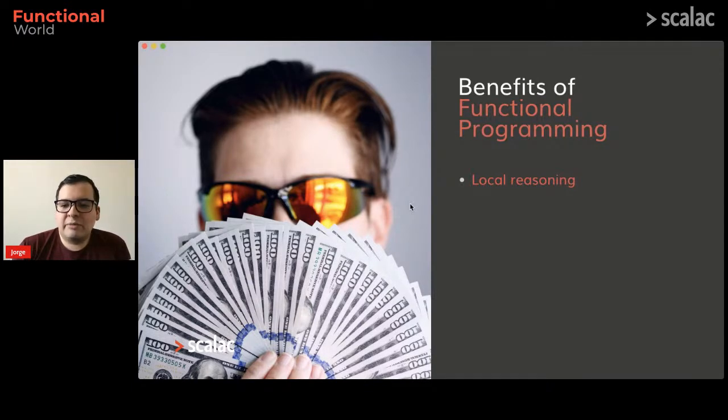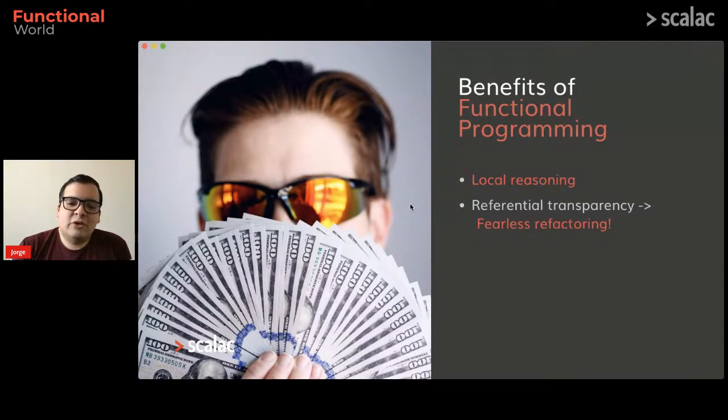Like in object-oriented programming, sometimes the behavior of a method depends on some variable that's inherited in some part of a really long inheritance hierarchy, for example. So you sometimes need to check other parts of the code to understand what a method really does. But in functional programming, you shouldn't need that. You just need to do local reasoning.